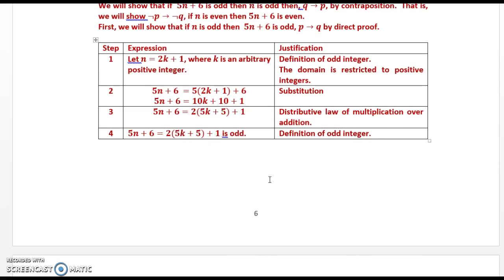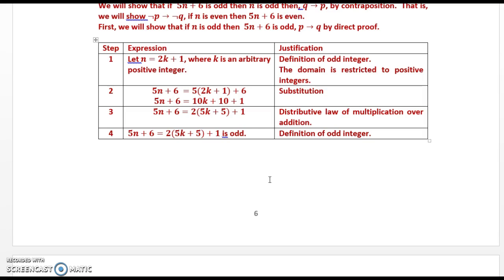Step 1. Let n be equal to 2k plus 1, where k is an arbitrary positive integer. This is the definition of an odd integer, and the domain is restricted to positive integers. Step 2. 5n plus 6 is equal to 5 times 2k plus 1 plus 6. We do that by substitution.